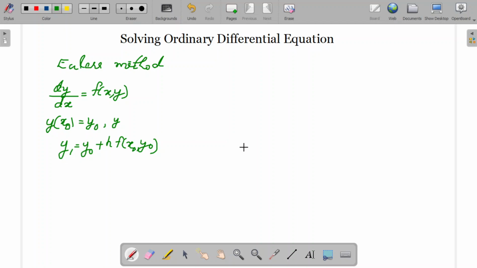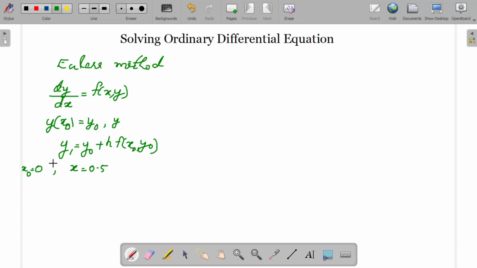Suppose the initial value x0 is 0, then you can find the value of y at, say, x equal to 0.5. You can consider h to be 0.1, then find y at 0.1, then y at 0.2, 0.3, 0.4, and finally end up finding the value of y at 0.5.